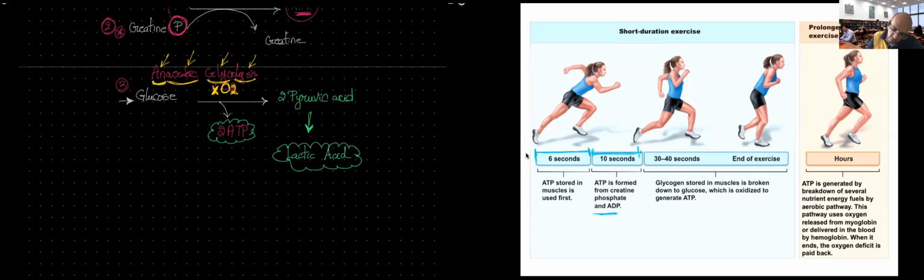So you've got limited ATP and you've got lactic acid. What is the problem with lactic acid and limited ATP? Those are the two reasons for muscle fatigue. So for how long can you run a sprint? If you run a sprint, for how long can you run a sprint?